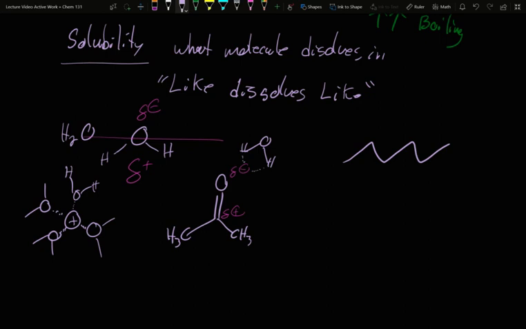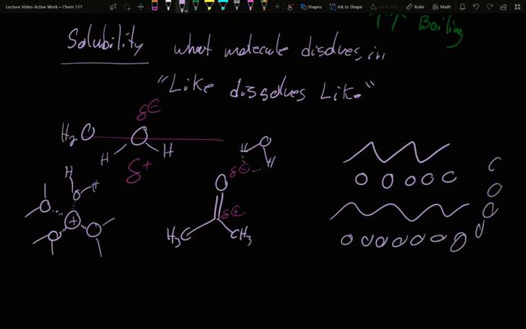Think about your salad dressing if you ever have any oil and vinegar salad dressing. They make separate layers. Now, it's not that you can't try, but if you think about having a bunch of, just going to make circular water molecules here, and then some oil and some more water. Right. Well, if you've got water everywhere else, you've got a couple oil molecules.